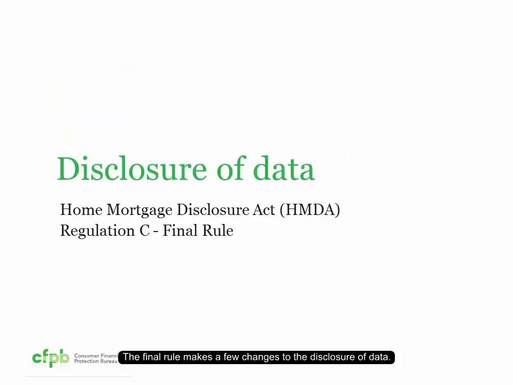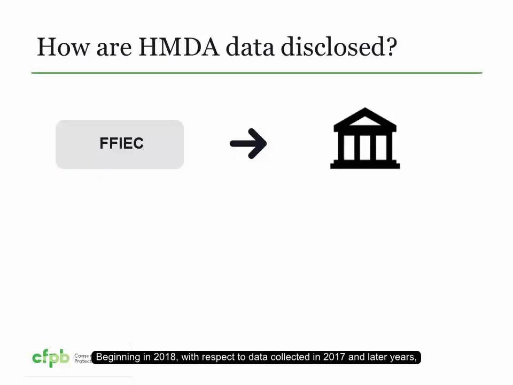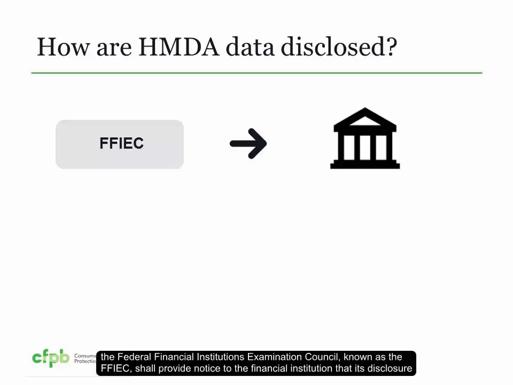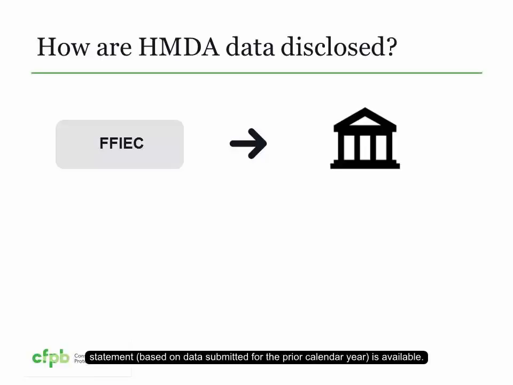The final rule makes a few changes to the disclosure of data. Let's discuss these changes. Beginning in 2018, with respect to data collected in 2017 and later years, the Federal Financial Institutions Examination Council, known as the FFIEC, shall provide notice to the financial institution that its disclosure statement, based on data submitted for the prior calendar year, is available.